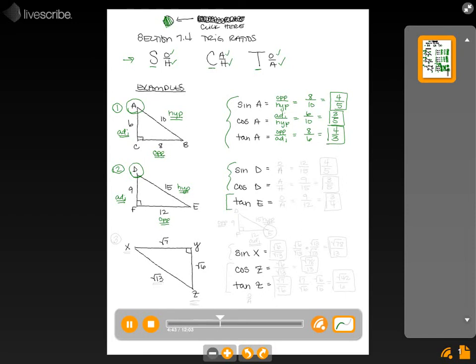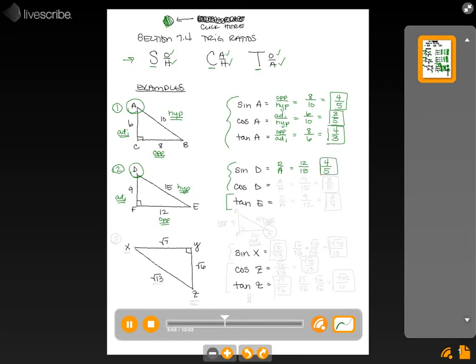Okay? Well, we want the sine of D. Sine, again, is opposite over hypotenuse. Our opposite side is 12, and our hypotenuse is 15. The number that goes into both of those is 3. 3 goes into 12 4 times, and 3 goes into 15 5 times.